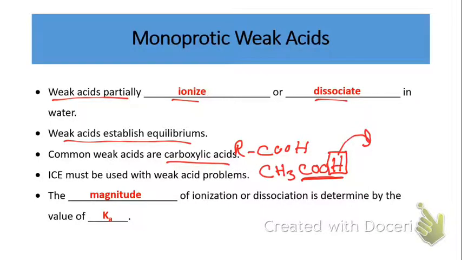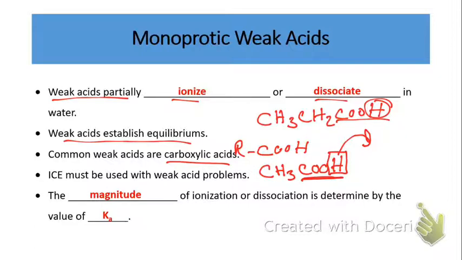All right, so these are common. You could also have something like CH3CH2COOH. Again, your carboxylic acid motif that gets ionized. We'll discuss more carboxylic acids as we go through these lecture videos.